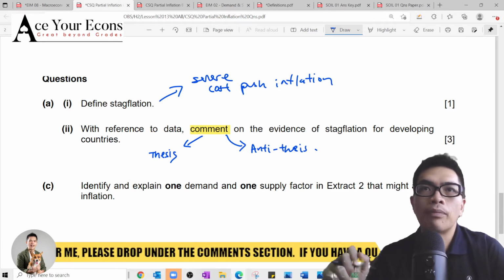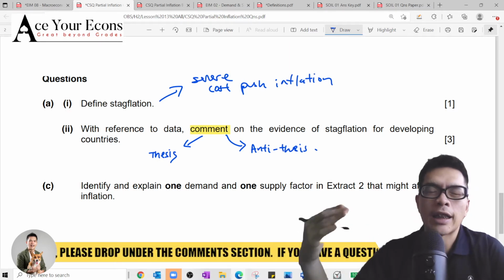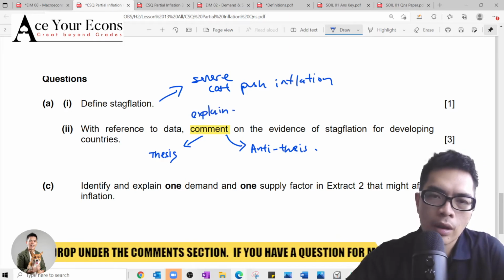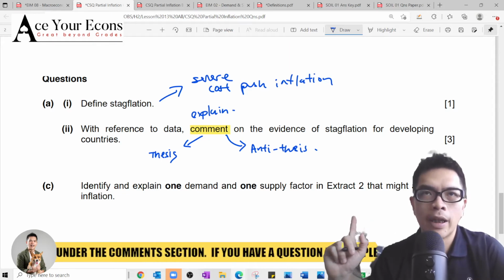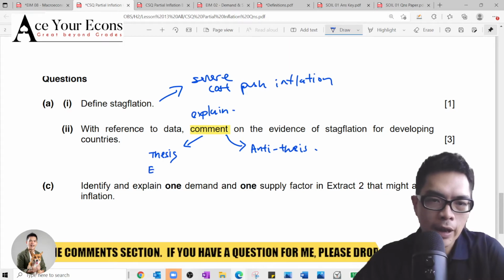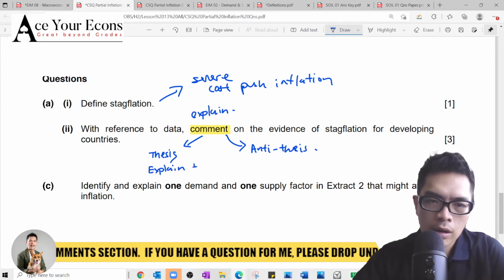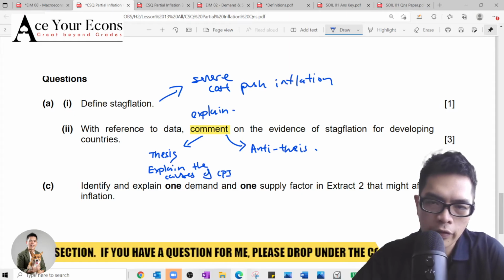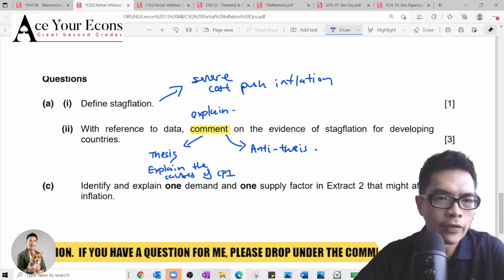Remember the difference between thesis and an explain question: the explain will always form the thesis. So the thesis is asking you to explain the causes of cost push inflation or stagflation in developing countries.